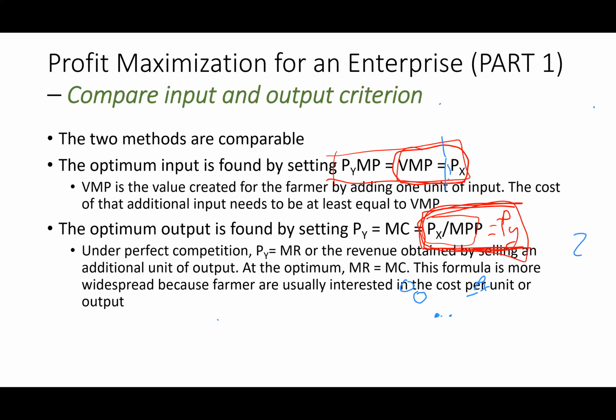Those are the two conditions, and in one more video we will take a practical example and apply all those concepts again in an application. Okay, so I will see you next time.